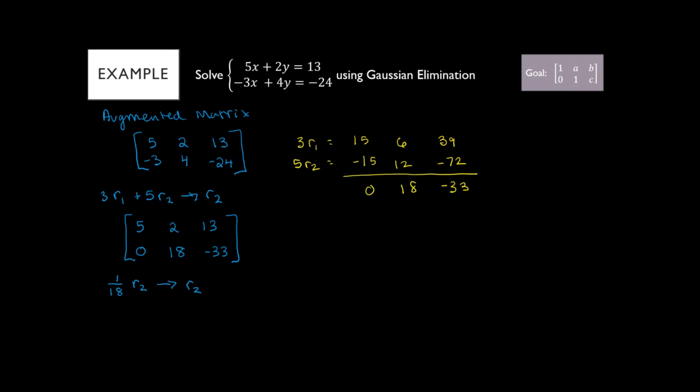That's something simple enough that I can do without any other calculations. My first row is untouched, 5, 2, 13, and then I get 0, 1, and then negative 33 over 18, which actually does reduce. I can divide those both by 3. It's negative 11 over 6.